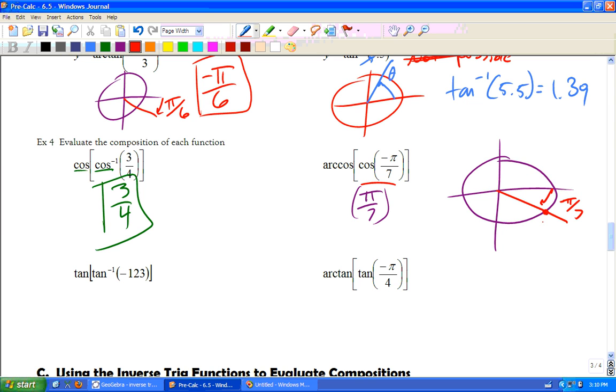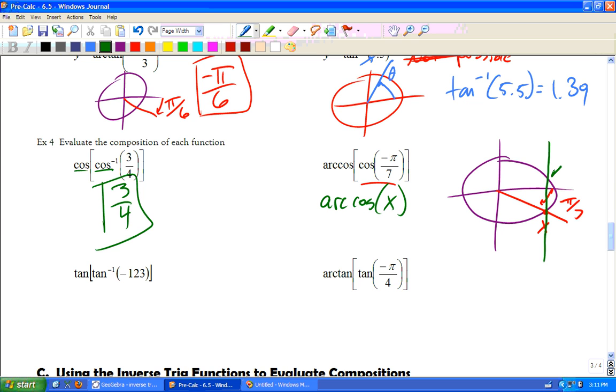Whatever that is, we'll call this value x. To figure out what the arc cosine of x is, what we would have to do is draw a vertical line.